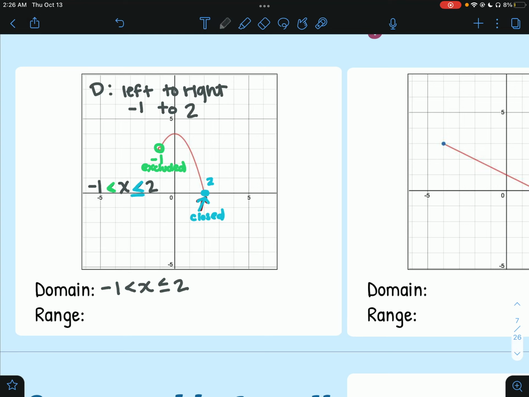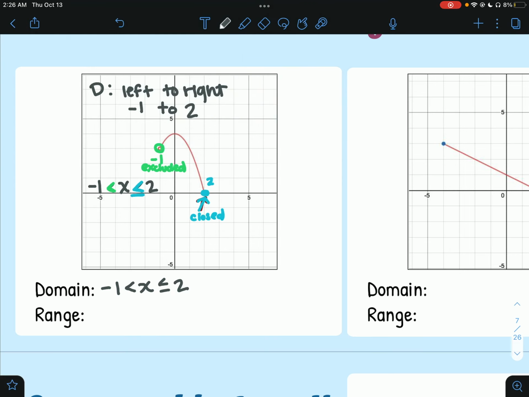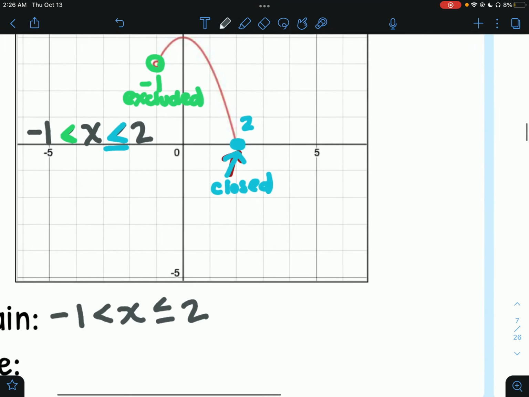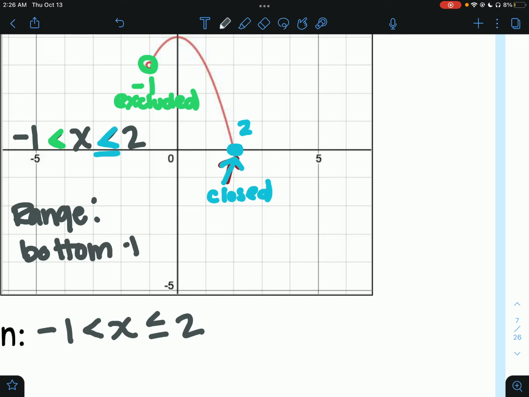So in doing our range, we're going to start with the same thing. Well, range is not left to right, but bottom to top.